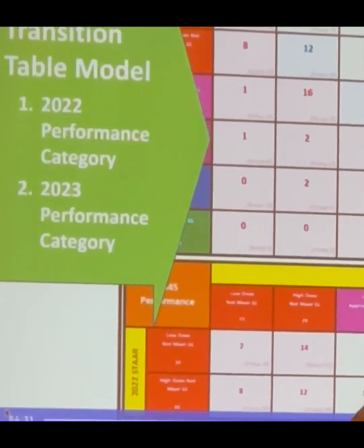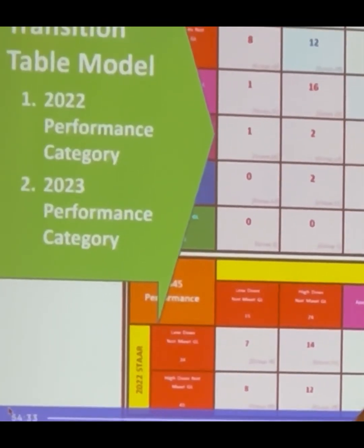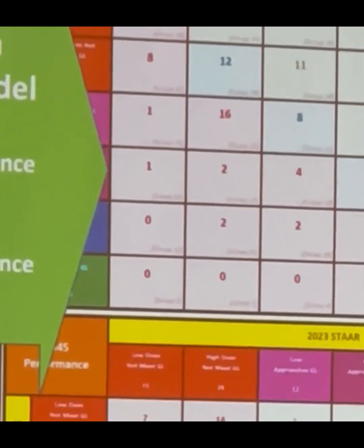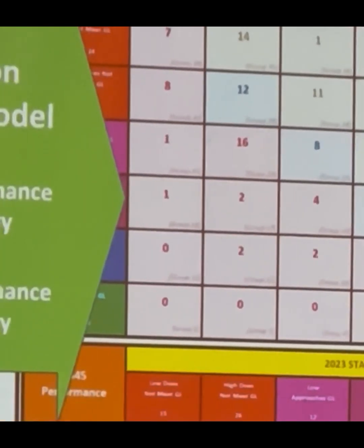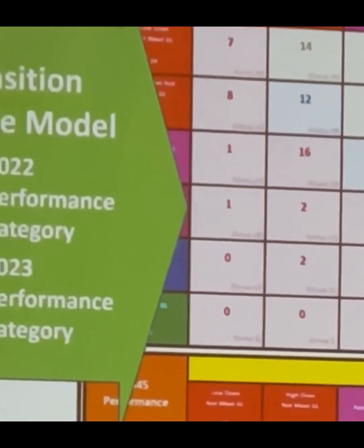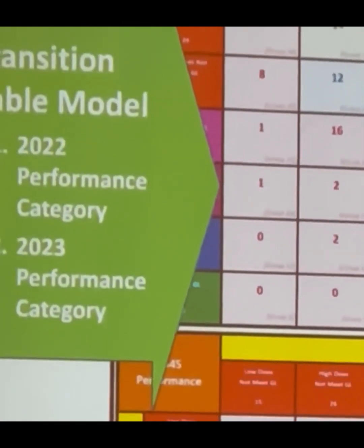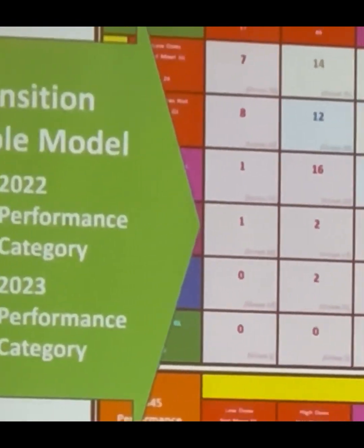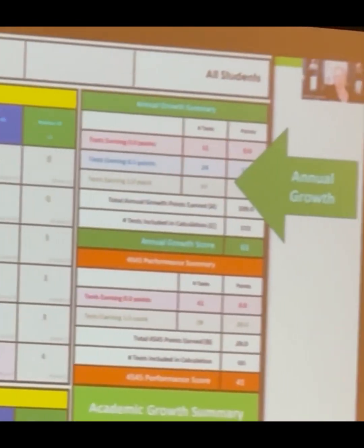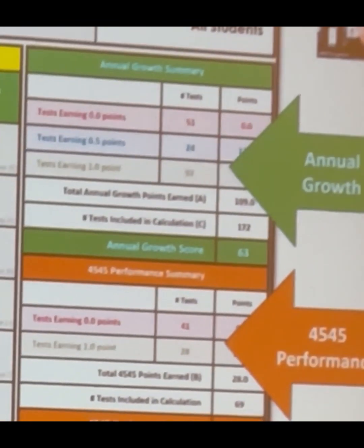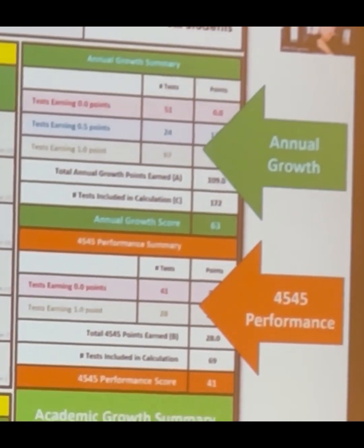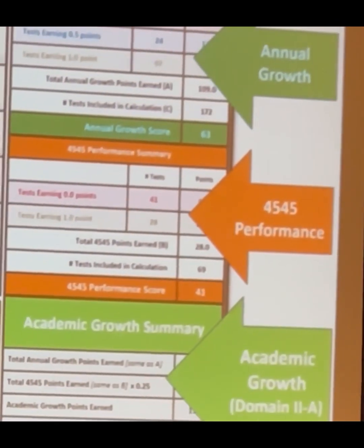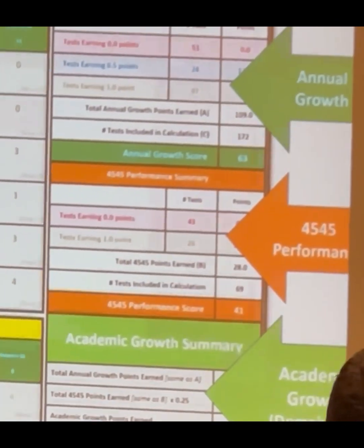Now, the scale score the student earned does identify the student's performance category, but TEA is not looking at a mathematical difference between scale scores. They're simply looking at what was the performance category on last year's test, what is the performance category on this year's test. And based on mapping those two data points for each test, for each student, then TEA calculates annual growth, 4545, and academic growth.